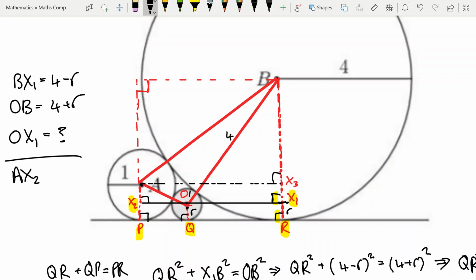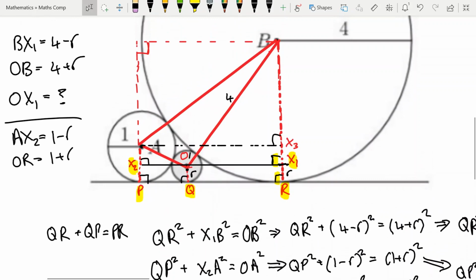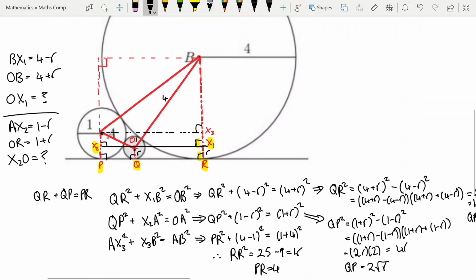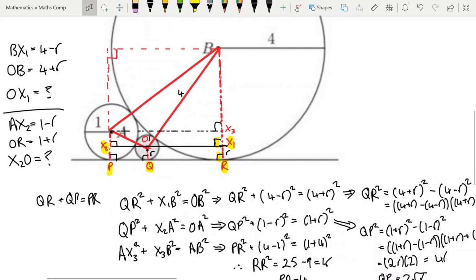A to x2 is just going to be the radius 1 minus R, and the length of OA, from the center A to the center O, is just going to be 1 plus R. The other side of the right triangle, from x2 to O, is unknown. We can use Pythagoras, because these are both right triangles, and here I'll show you how.